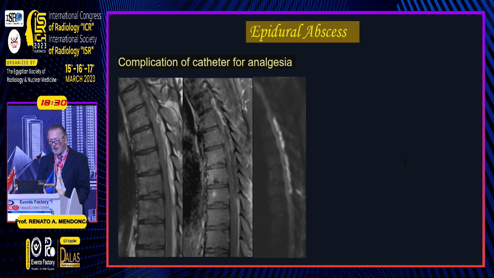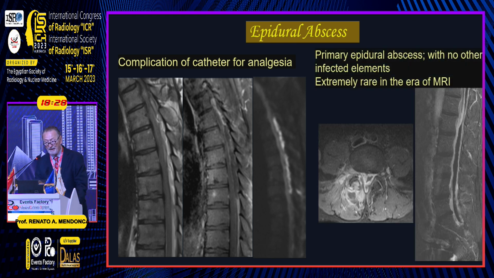So the primary epidural abscess with no other infected elements is extremely rare in the era of MRI. So almost always we find the infection in the disc itself, in the bone, or in the articulations, interapophyseal articulations posteriorly.